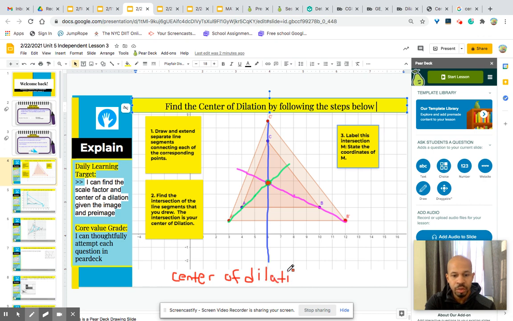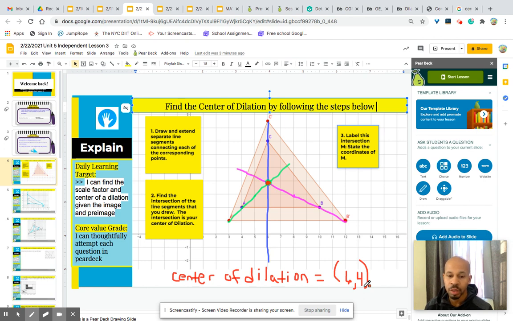Center of dilation is the point 6, comma 4. This is our center of dilation, guys. All right. So that's going to be helpful when determining the scale factor, which we'll talk about in a moment.